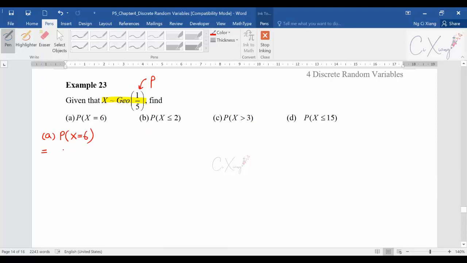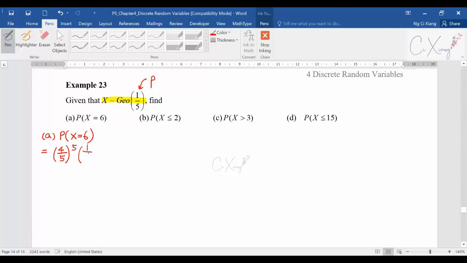For x equals 6, that means you repeat the experiment 6 times, and only the last time you get the success event that you want. So for the first 5 times, you have failure: 4 over 5, 4 over 5, 4 over 5, and so on. So it is actually 4 over 5 to the power 5.